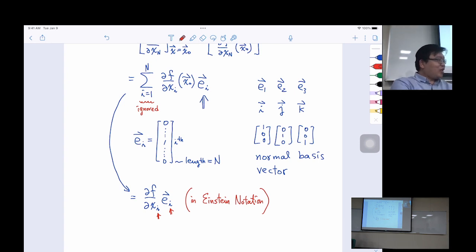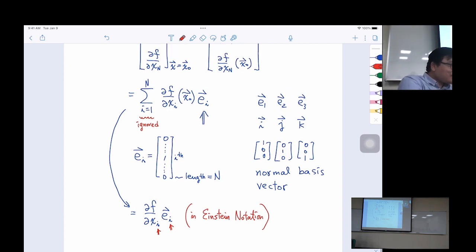So when he wrote in this way, he doesn't care about the number of components inside the summation. So this derivation can be applied to any dimension. Yeah. So it's good for you to do derivation. Okay. Later on, if we write in this way, it's going to help us to derive.